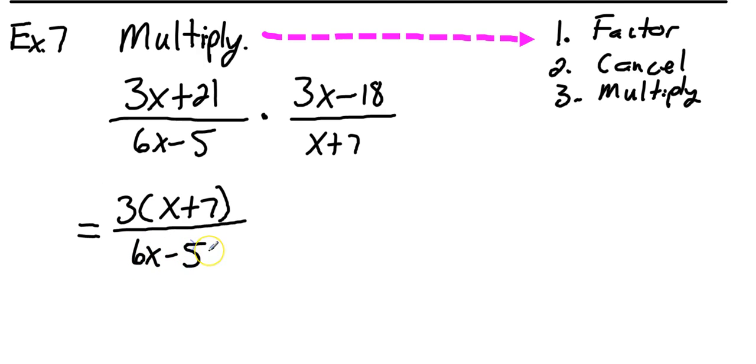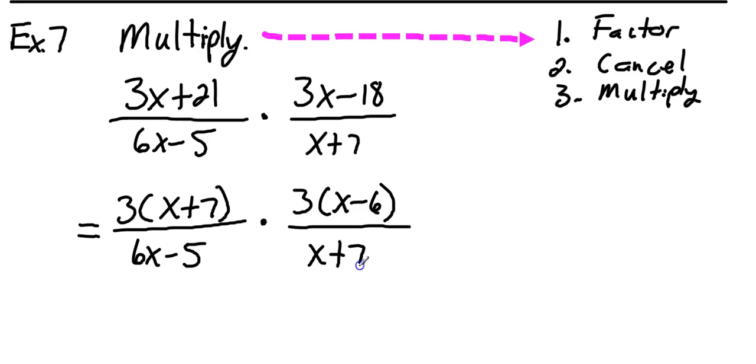Nothing you can do to factor that one, so it stays like it is. On the top part, 3x minus 18, you can divide them both by 3. Make it x minus 6. We've got the x plus 7. Okay, so there was the first thing. We factored everything as much as you can. Now that you've factored everything as much as you can, you've got a few things that will cancel out.